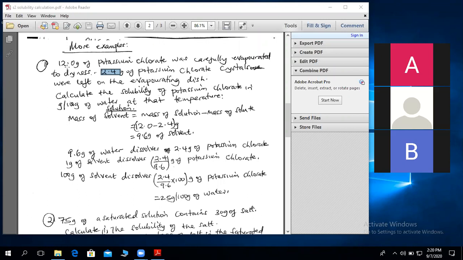So what you do, they have given you the mass of the solution, but they have not given you the mass of the solvent. When you are doing these calculations, remember you always begin with the mass of the solvent. You say this mass of water dissolves this mass of the solute.